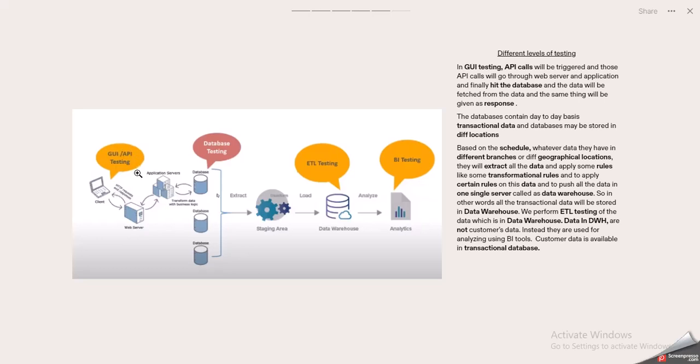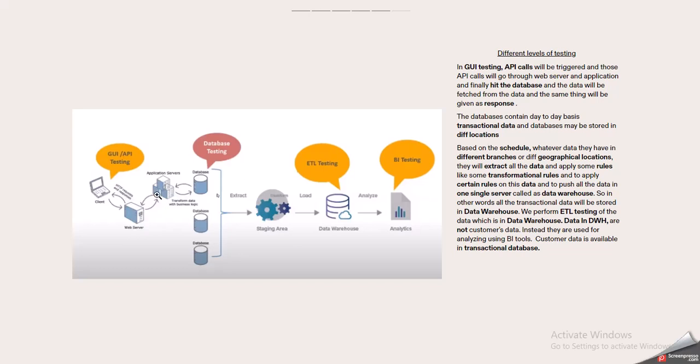And in GUI, we check all the automation things like front end validation, UI automation. In this section, first we check what is happening in the pages, like the front end validation, and using API testing we check whether the APIs are working or not.